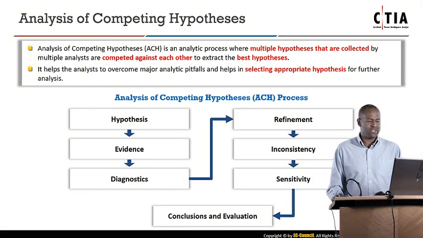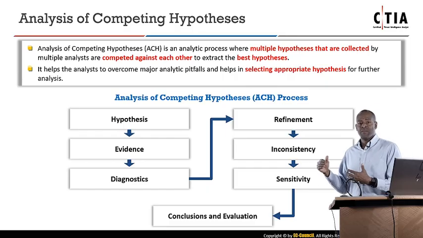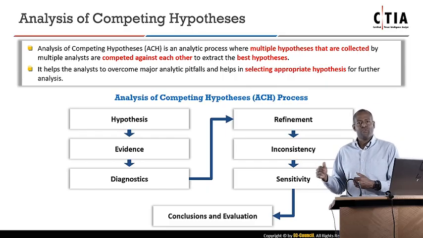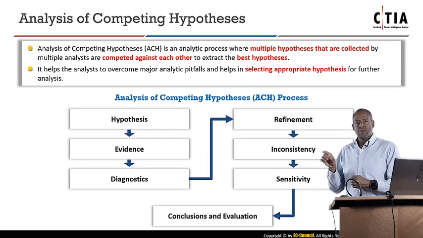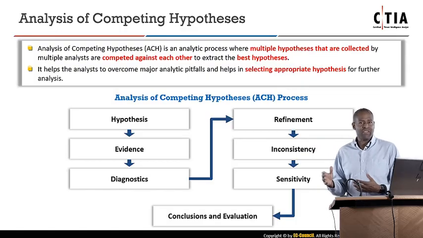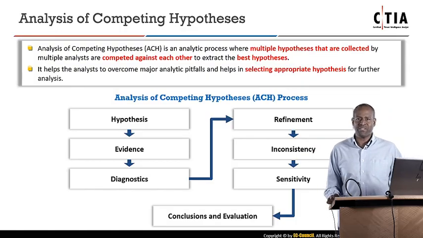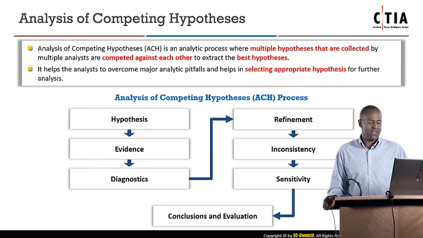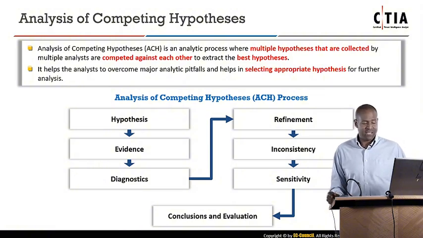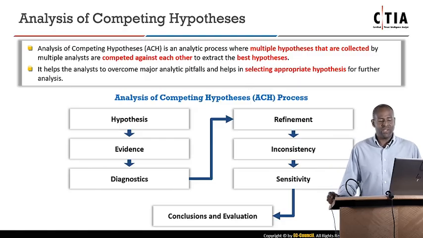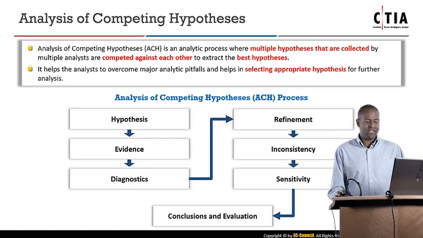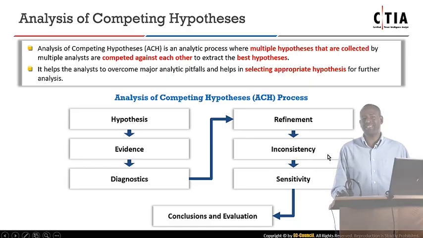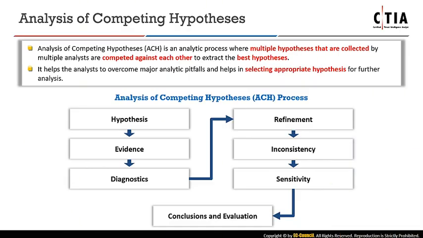Well, there's another analysis that says, well, I looked at the data, and to me it looks a little bit different. From my experience, even though it's coming from over there, it's very likely that, right? So we have competing hypotheses that we see. So hypothesis, right? Based on what? Evidence. So we have evidence that comes in for this hypothesis. Then we want to use diagnostic techniques with this evidence, with these hypotheses, and refine it, look for inconsistencies, and then we have sensitivity.